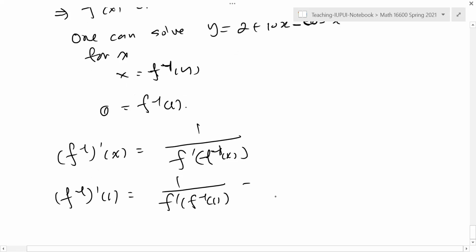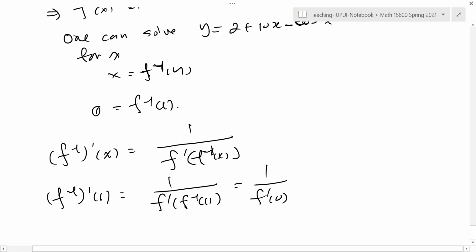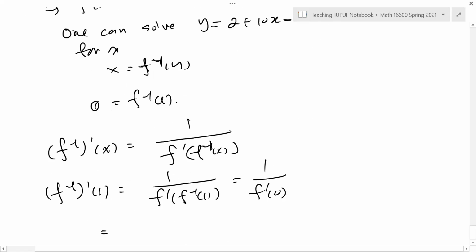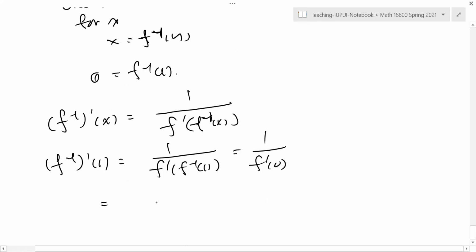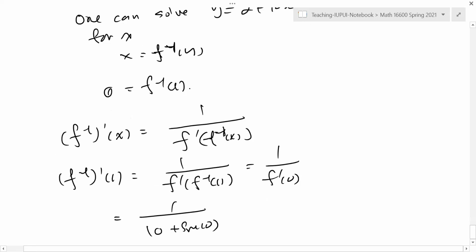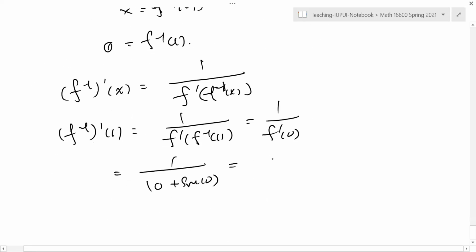And I already know that the inverse value of 1 is 0. So what is the derivative? We already found the derivative. It is 10 plus sine x. So when x equals 0, that's what we got. So it's going to be 1 over 10. Okay. So that's a complete solution.